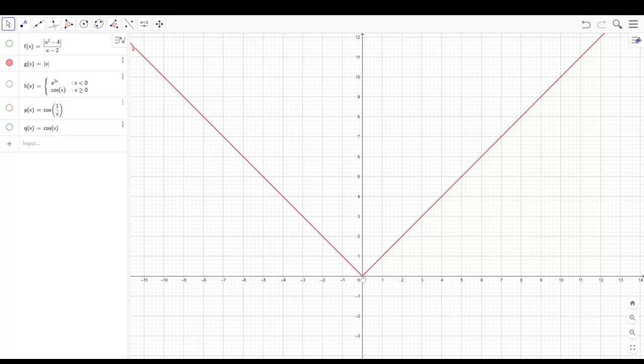A few people in the chat have said, oh, well, down here, it's got a corner or a spike, and so it's not differentiable. Yeah, that's absolutely true. But it is a continuous function. Not only at 0, but it's continuous everywhere else as well. Okay, so let's put that into words. Okay, and let's put that down on the page, and we can see how we actually do it.